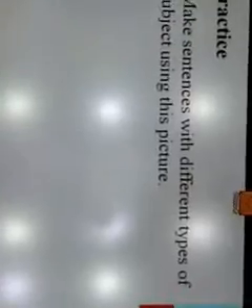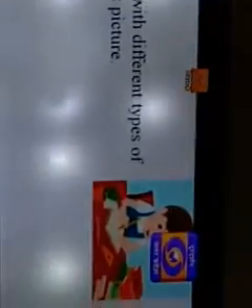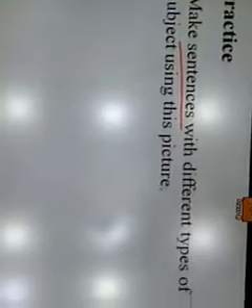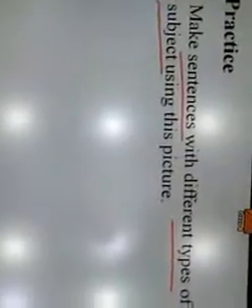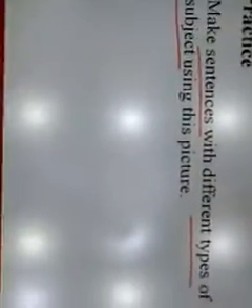Let's practice. Here's a picture of a boy. Make sentences with different types of subject using this picture. What do you see in this picture? There is a boy.